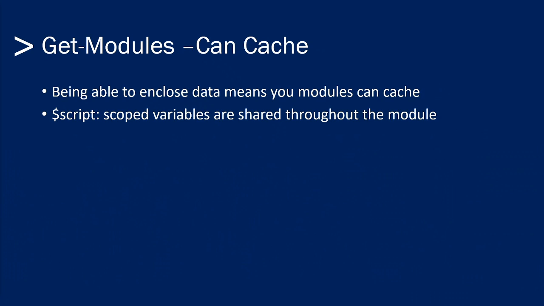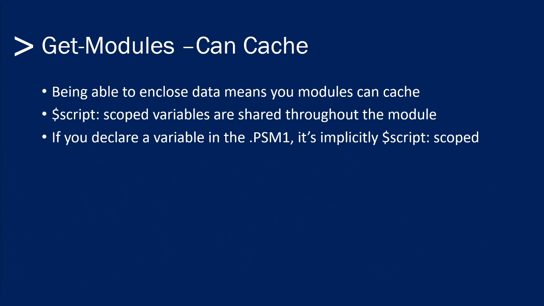Have you ever written like global foo? Yeah? Well, I can define script:var, and that'll be available throughout the module. Better yet, if I declare a variable in the PSM1, it's implicitly script scoped.